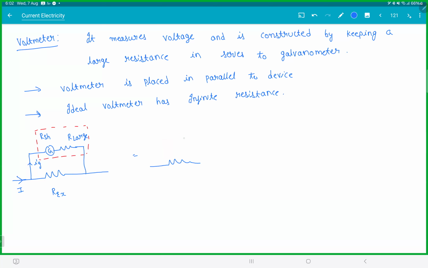That's your voltmeter there. Pretty straightforward. So the voltage across the R external will be how much?